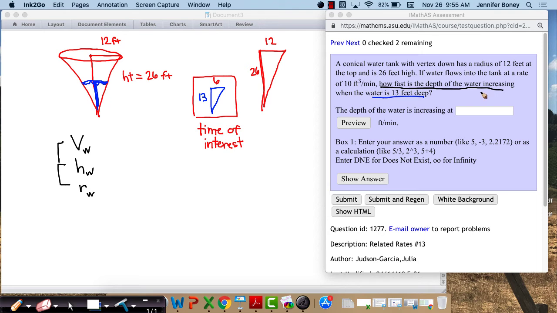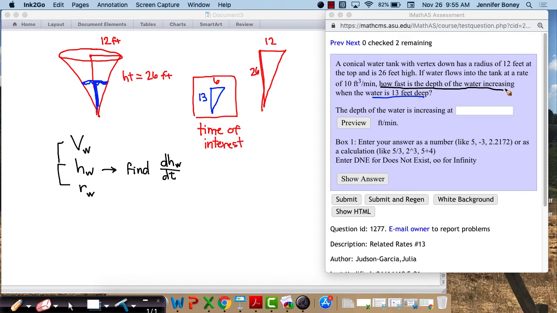So in terms of symbols, the depth of the water, well, I call it the height of the water, we're supposed to be finding eventually how fast h of w is changing over time, or I'm just going to call it dHW/dt, using t to represent this generic time that we're not really going to use anywhere else, but with respect to time. So this is a change in the depth of the water or the height of the water in the cone with respect to time, that's our overall goal. How fast is the depth of the water increasing?